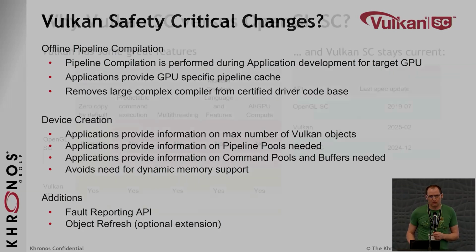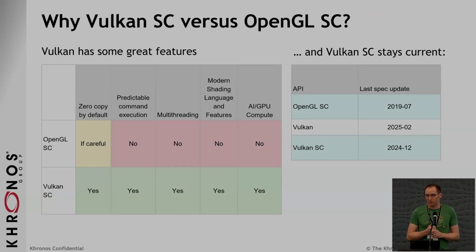So why did we even bother with Vulkan SC? There was this thing called OpenGL SC, proven known technology, widely deployed, been around quite a while. Well, we have all these modern GPUs with all these capabilities, and we want an API that can expose them. OpenGL SC is stuck at OpenGL ES 2.0, so it's very limited in its capabilities, very basic.